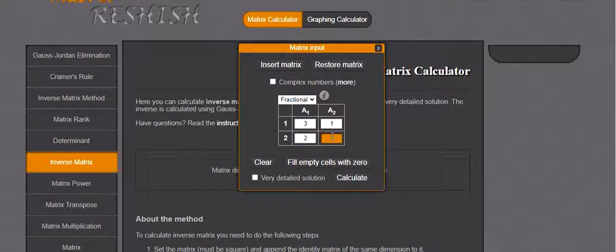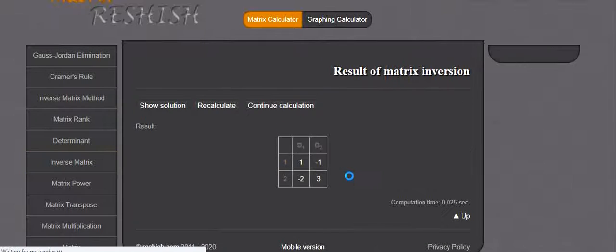Of course you can have your elements be anything. Now the inverse doesn't always exist, but if it does, this will find it. We'll calculate this, and here it tells us the inverse is 1, minus 1, minus 2, 3. That's really the best way to do that right now. There are other ways to find the inverse, but we don't really have time to go through all that.